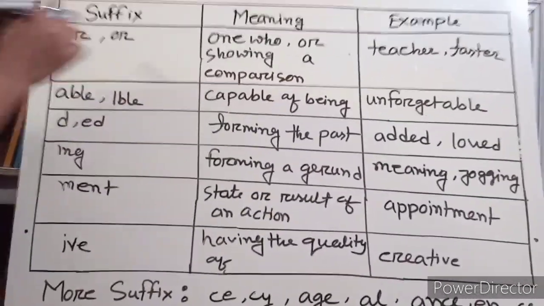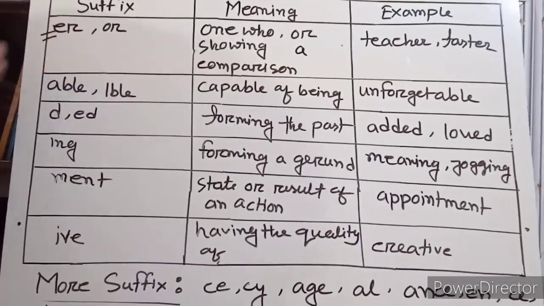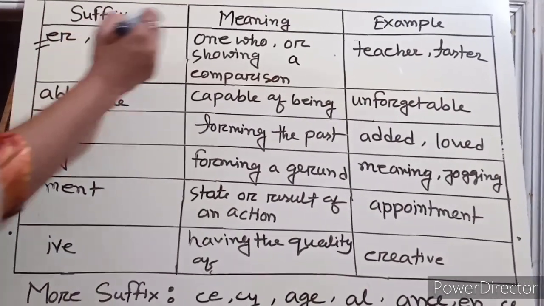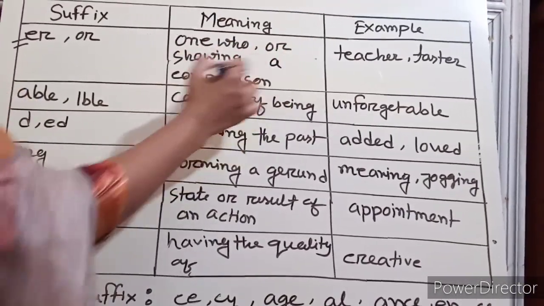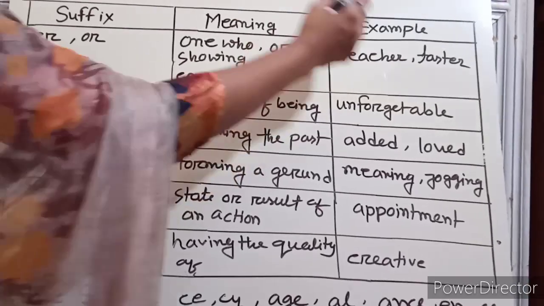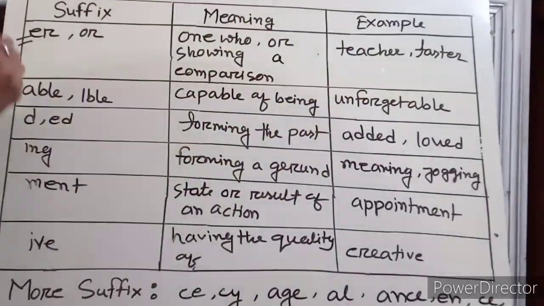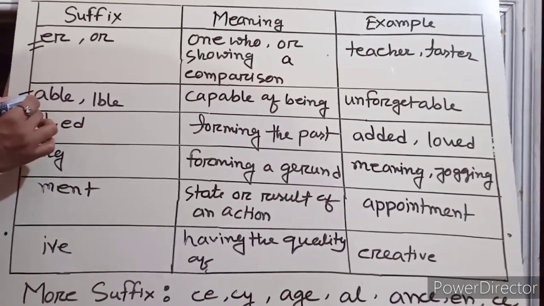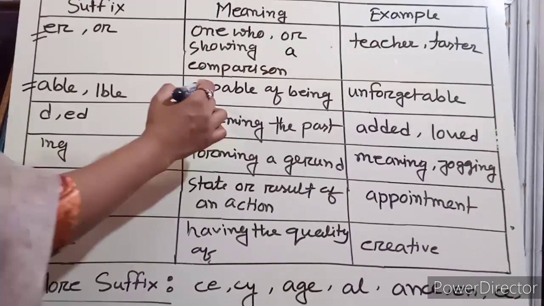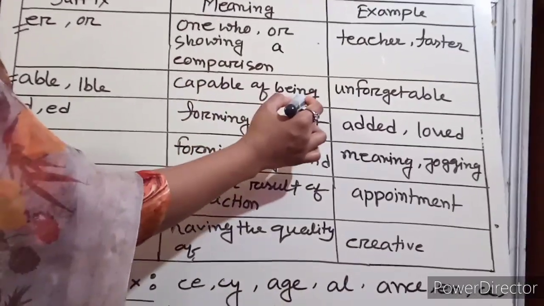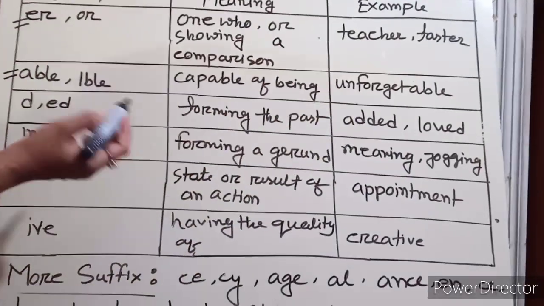The syllables are, first one, suffix er or or. That means one who, or showing a comparison. Here are examples: teacher or faster. Next one for you, able or ible. That means capable of being. Example, unforgettable.